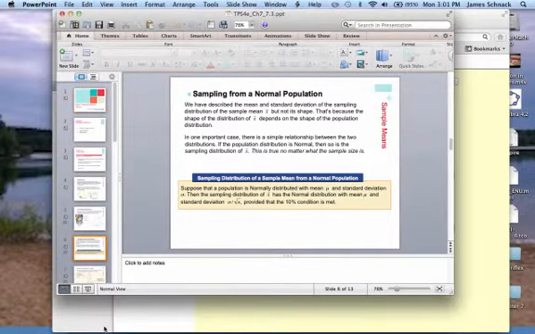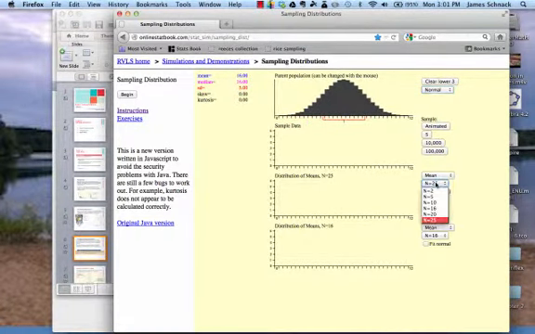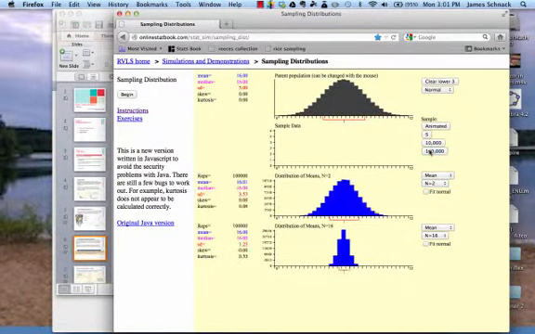And let's take a look and see what that looks like visually. Here's a website. It's from Rice University. And let's bring up a normal distribution. I'm going to collect means, sample size of 2 and sample size of 16. And I'm going to collect 100,000 of these means real quick.